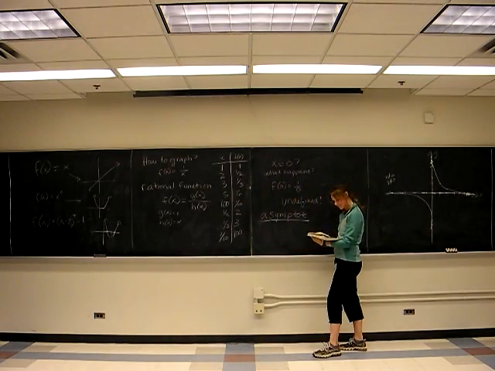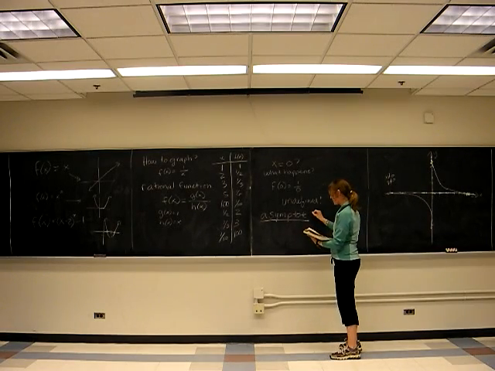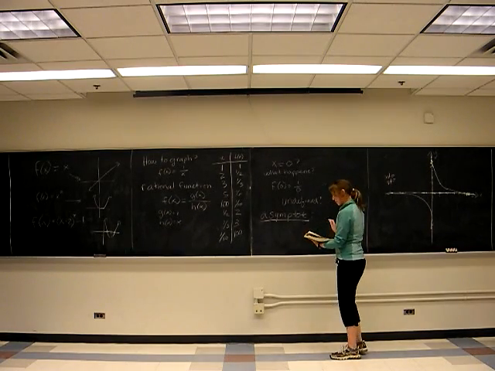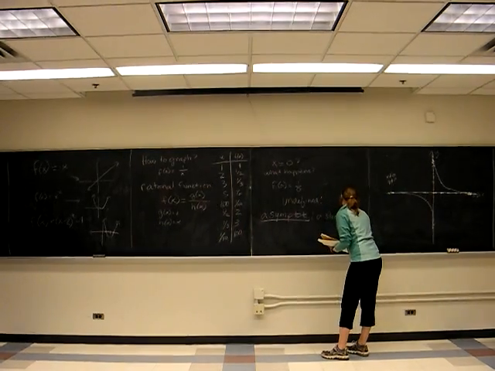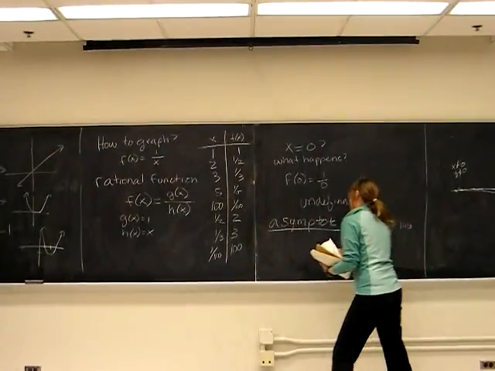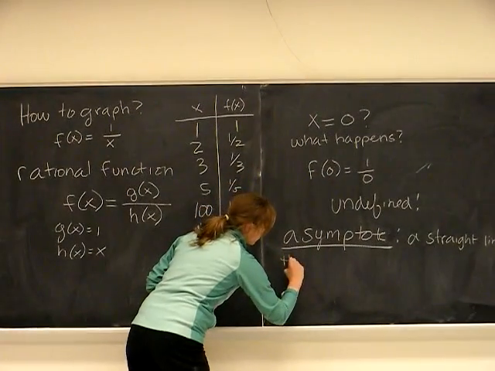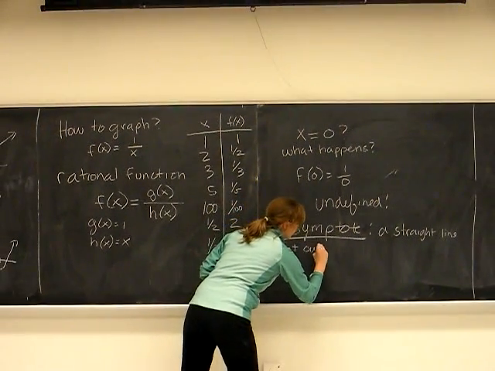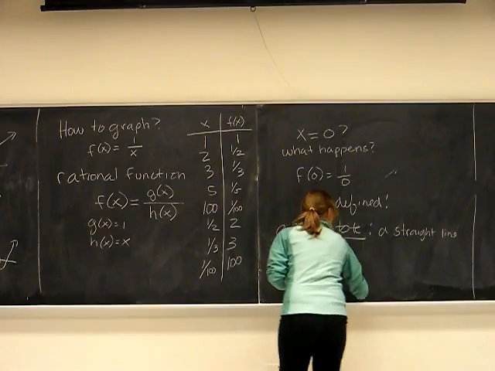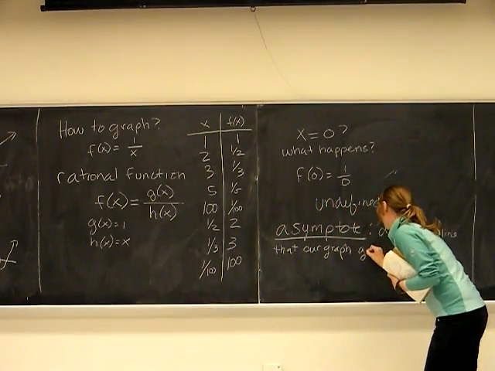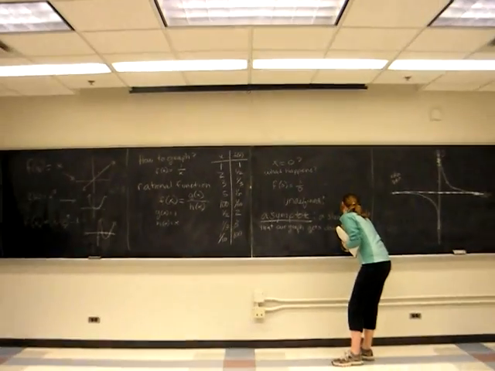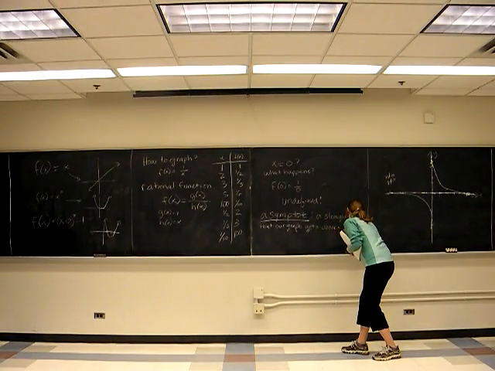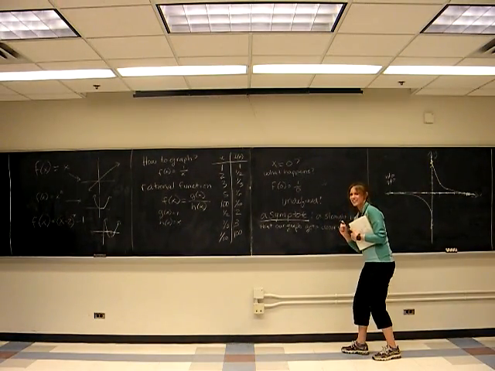Silent P. So, an asymptote, for anyone who doesn't really remember, is a straight line that our graph gets closer and closer to but never actually touches.